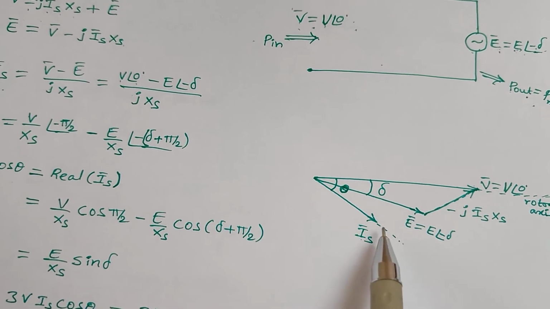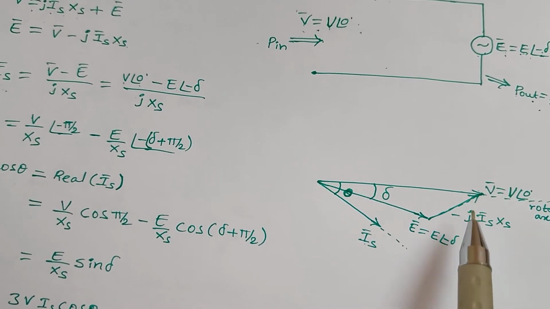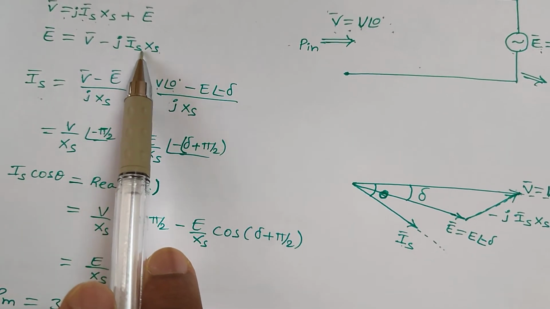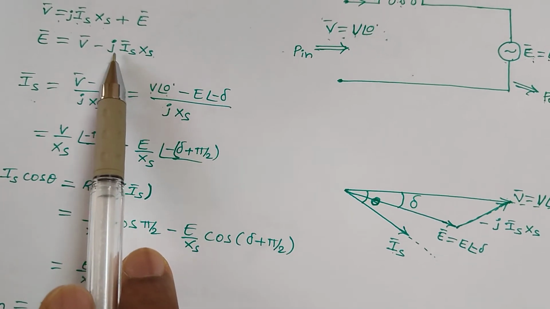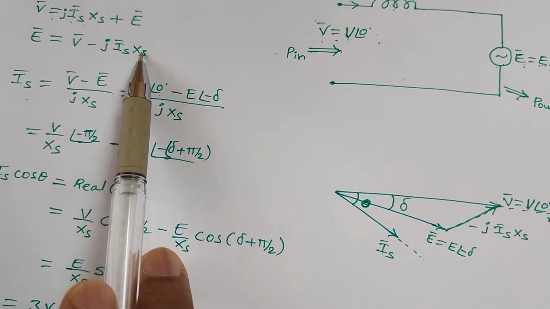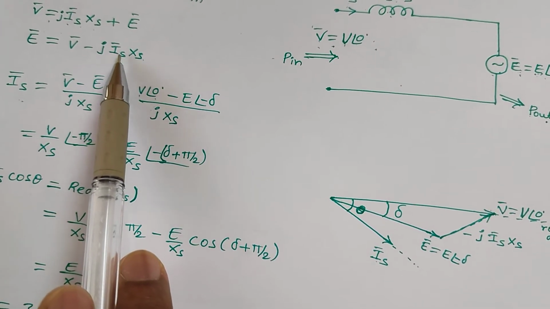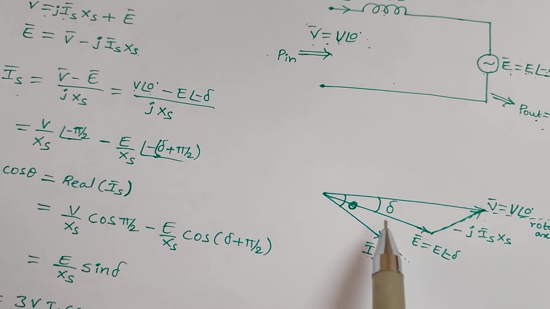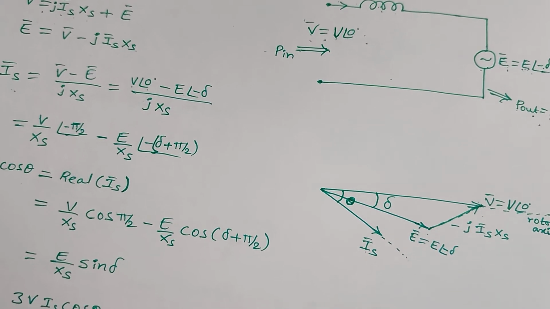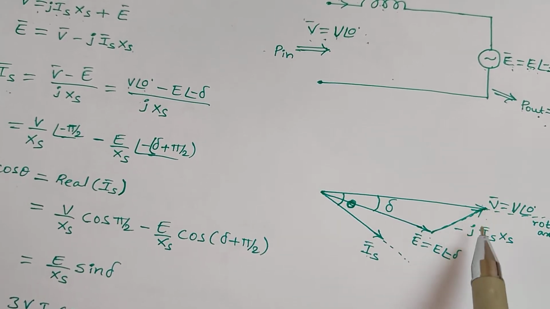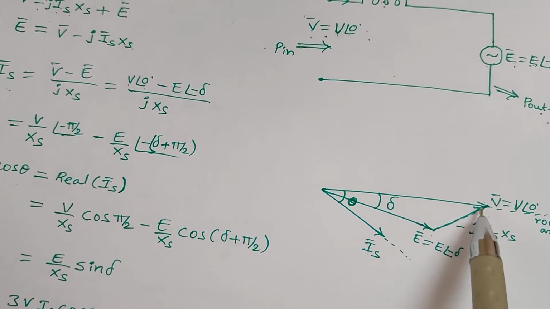And perpendicular to this current there should be the reactance drop, because E is equal to V minus J into IS XS. So minus J into IS XS should be added with V, then only we will get the E component. V we already have. Then what is the minus J XS component?